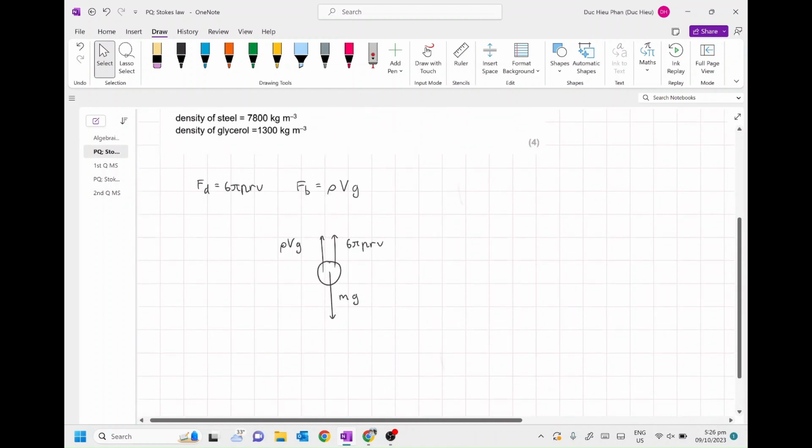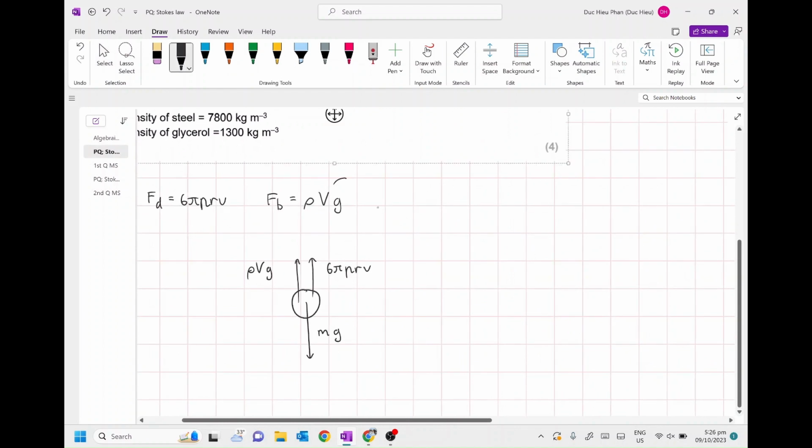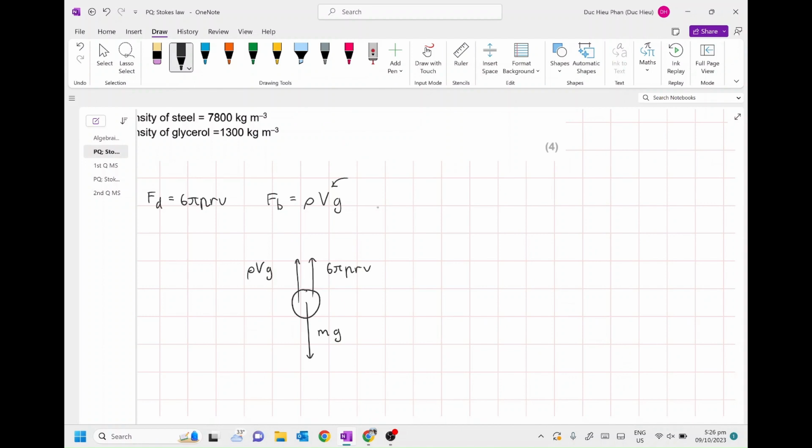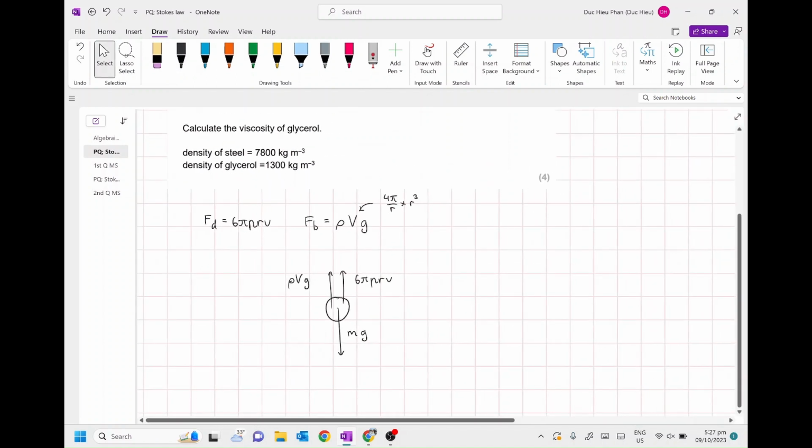We also need the volume of the fluid displaced, which is actually just the volume of the ball when it's traveling down. So we can use the equation 4 pi over 3 times r cubed for the volume of the ball.